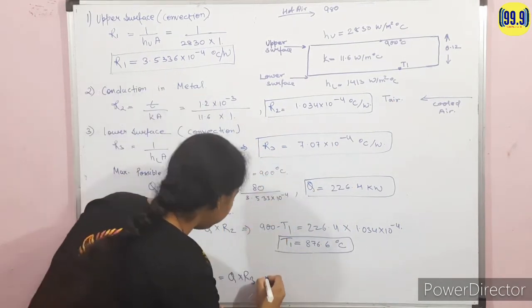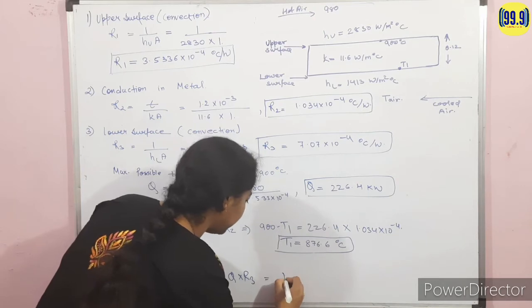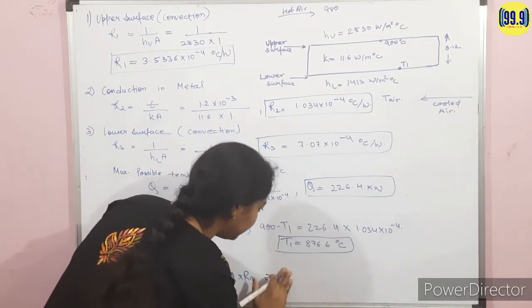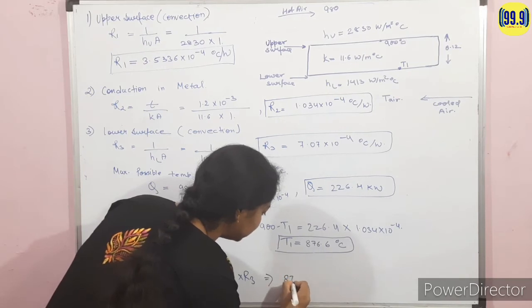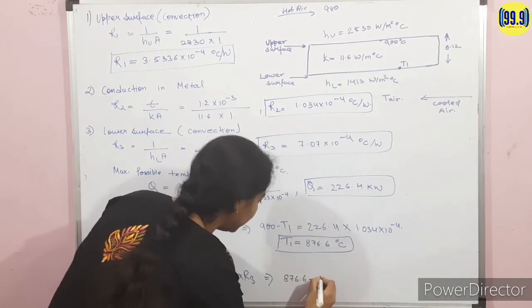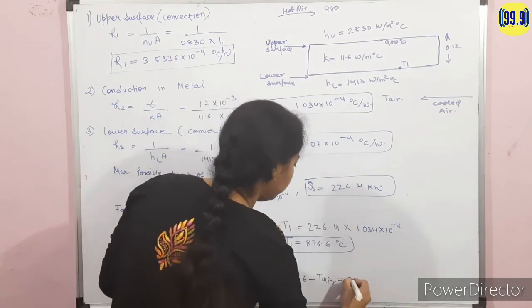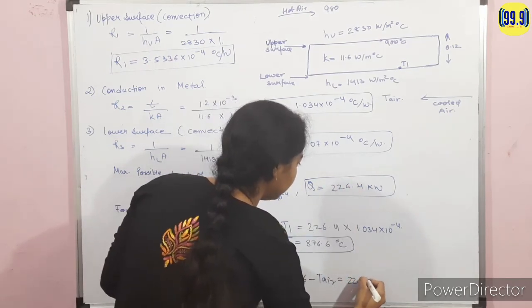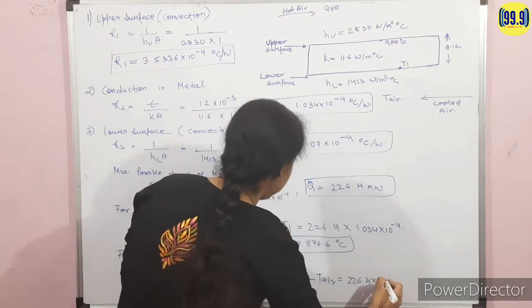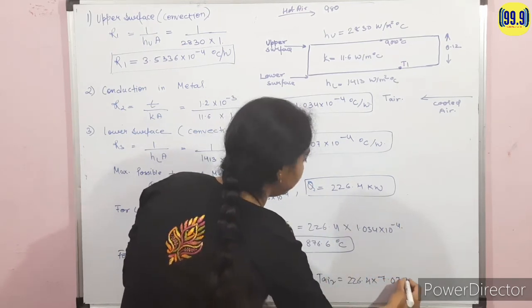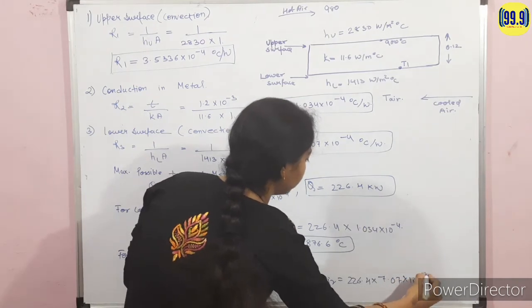T1 we calculated earlier, that is 876.6, minus T air is equal to Q value 226.4 into R3 value, 7.07 into 10 to power minus 4.